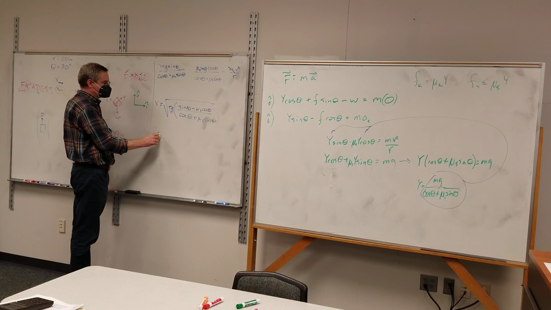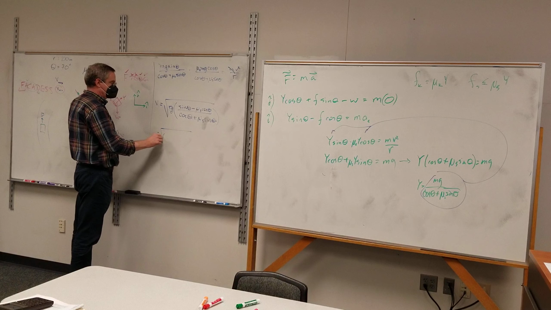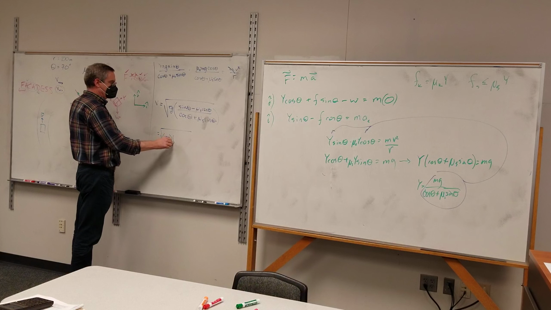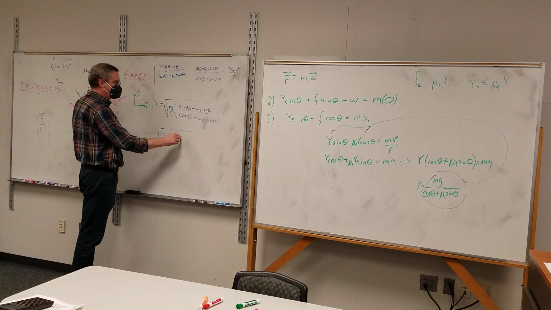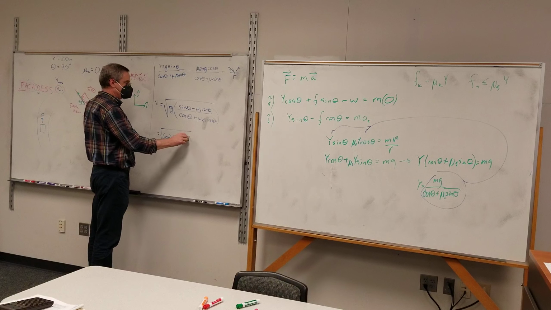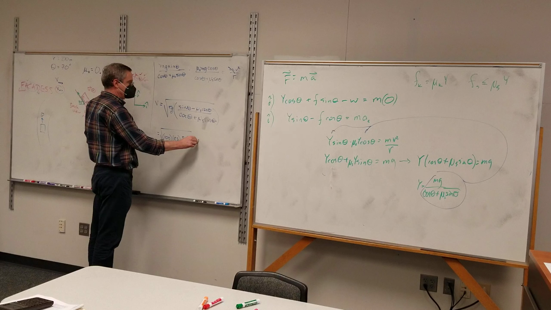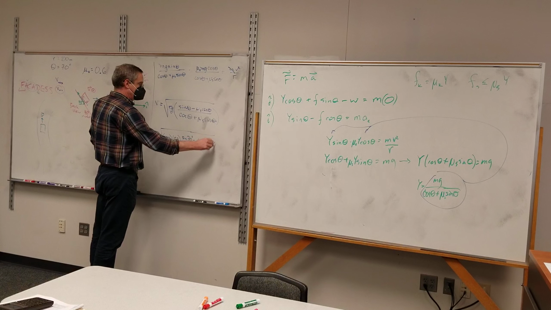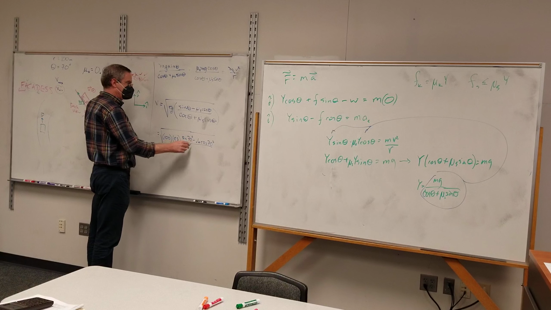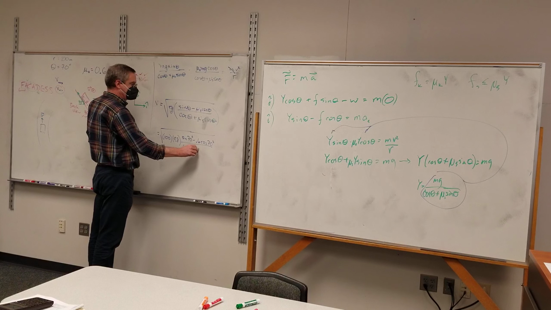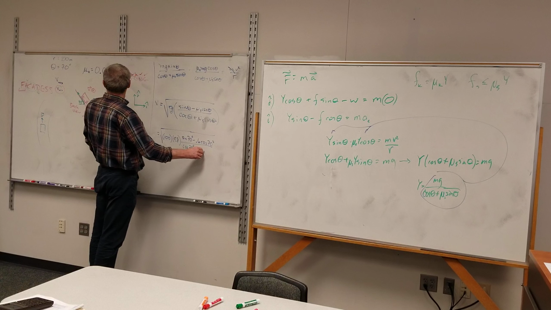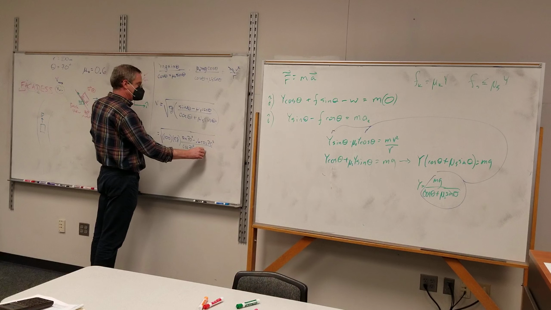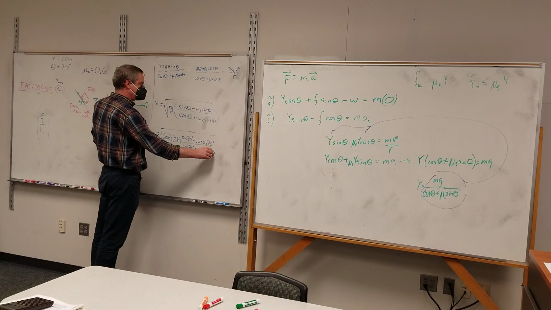Now we plug in numbers. That's 100, 9.8, sine of 70 degrees minus 0.6 cosine of 70 degrees, and then cosine of 70 degrees plus 0.6 sine of 70 degrees.